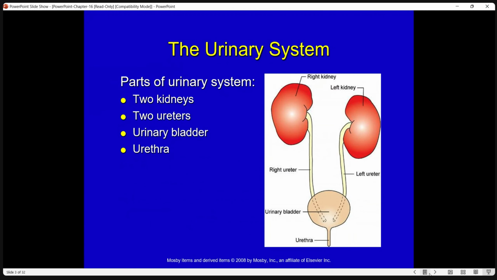So this is what I was explaining. Your urinary system consists of the two kidneys, the two ureters, the urinary bladder, and also the urethra. Basically, the process of urine formation in layman's language takes place in the kidneys, called ultrafiltration.